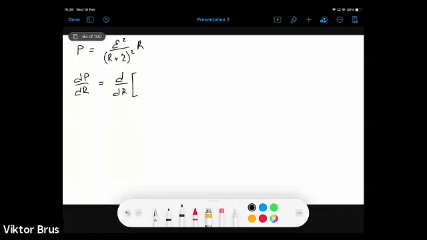Let us write it like this. It will be epsilon squared times R times (R plus r) in the power of -2.